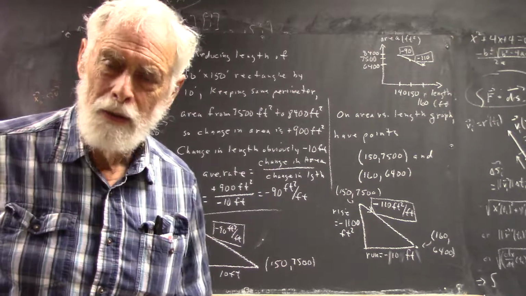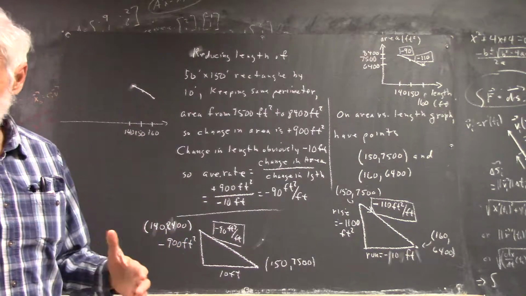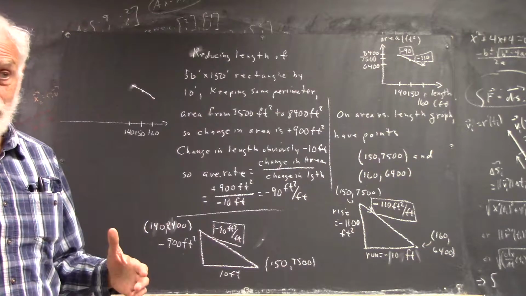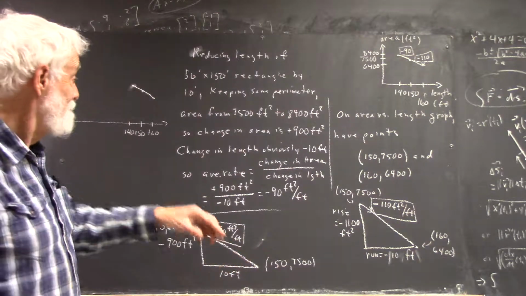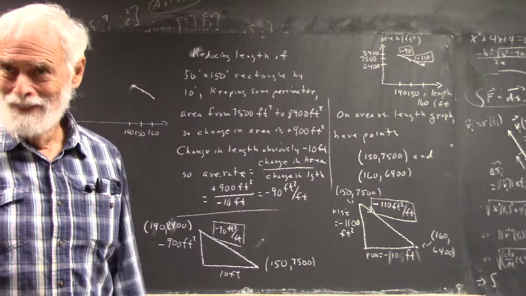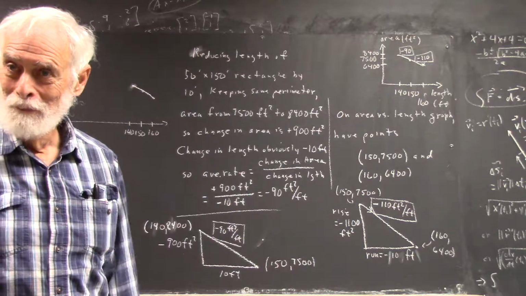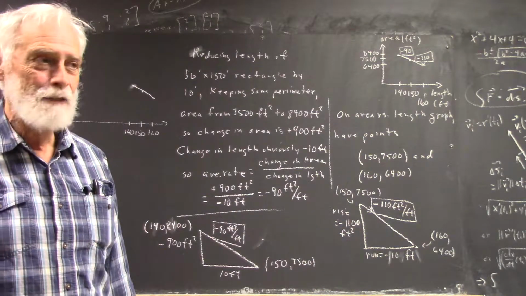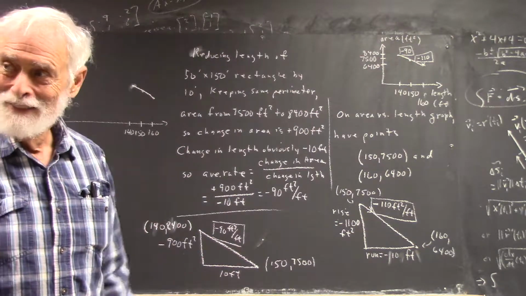what does this tell me I ought to be doing to my length to get the maximum area? Do I want to keep increasing my length? I'm going to dive bomb right into the axis and have nothing left. By the time my length is 200, my width is 0. I have no area. I have a line with no dimension, well, with no width, right?